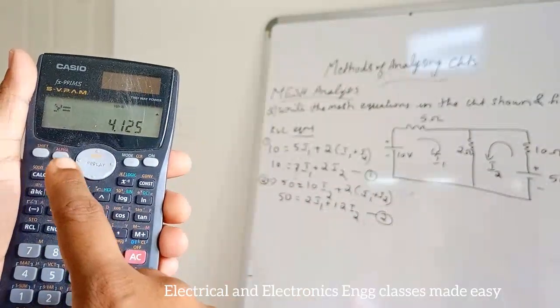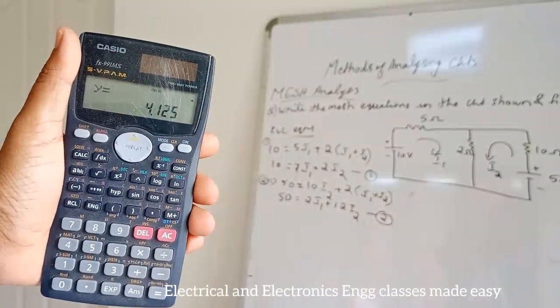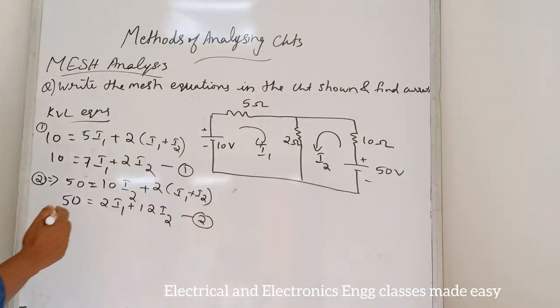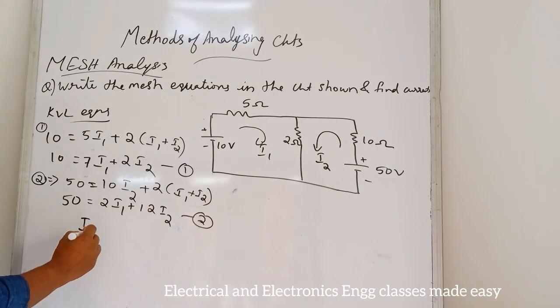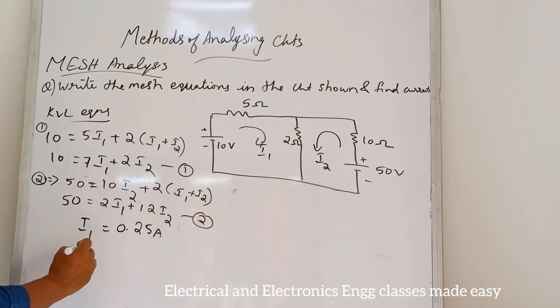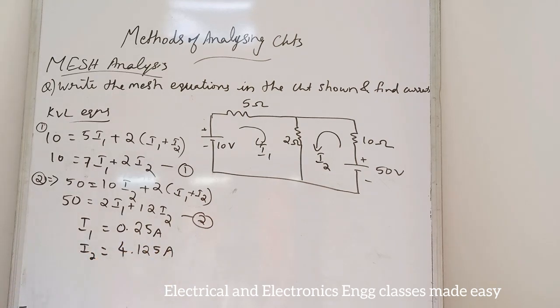Then I2, that is y, is 4.125. So we get I1 equal to 0.25 ampere and I2 equal to 4.125 ampere. In this way we do the mesh analysis.